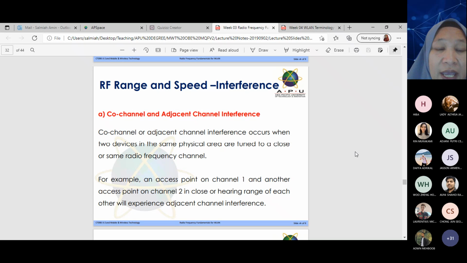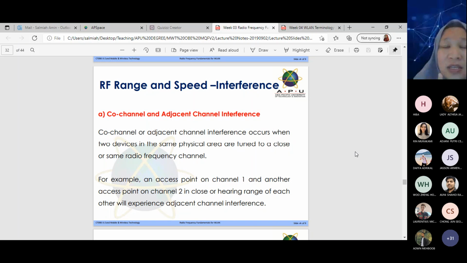So we have co-channel and adjacent channel interference. What does it mean? When you have an access point, you configure it to a certain radio frequency channel. That's why you can see our music or other radio station channels are not the same. Like Hot FM, Mix FM, they have different channels, right?